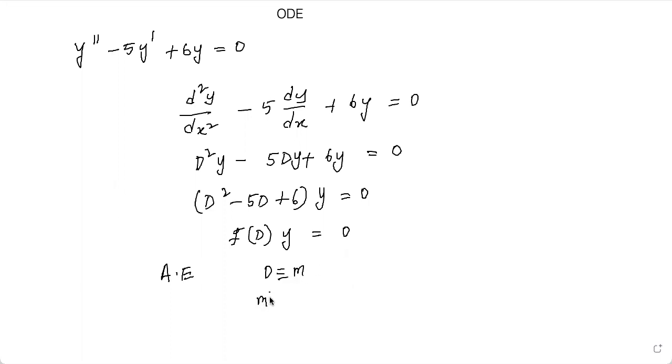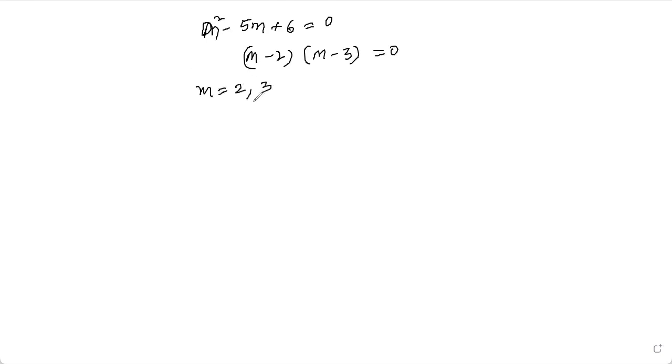So this will be m square minus 5m plus 6 is equal to 0, which factors as (m minus 2)(m minus 3) equal to 0. Now we got m value as 2 and 3.